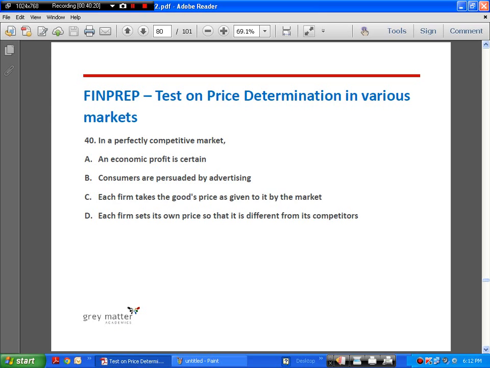So in a perfectly competitive market, we'll notice that the firms are price takers. In other words, prices are determined at the industry level based on forces of demand and supply, and that price which is fixed at the industry level is transferred to each firm, or each firm takes the price given to it by the market. That is option C.